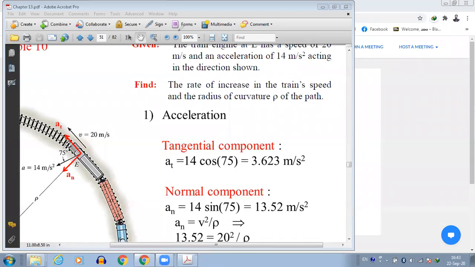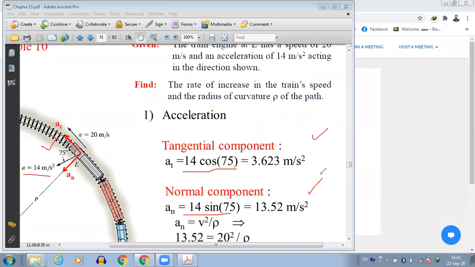Since in this problem we have A already and we know the angle at which it is acting, we can find AT and AN easily. AT will be A cos 75, and AN will be A sine 75. So we have AN and AT directly available.